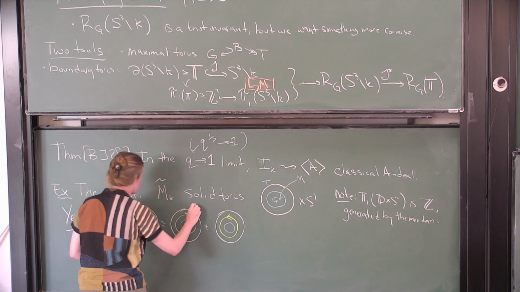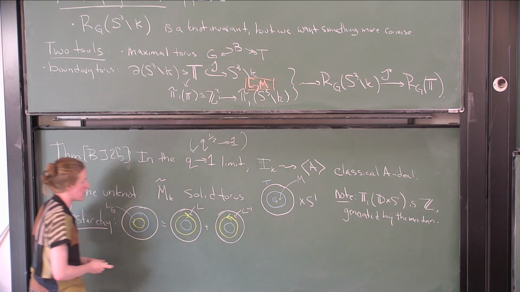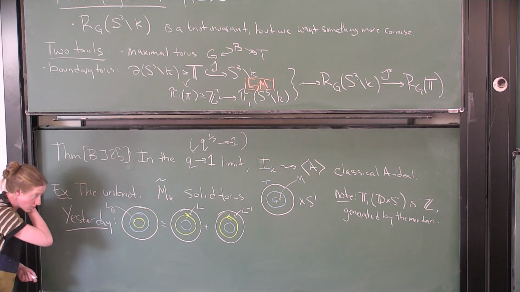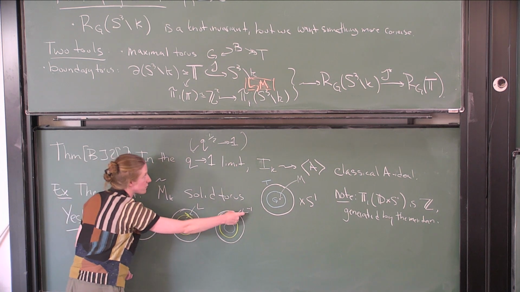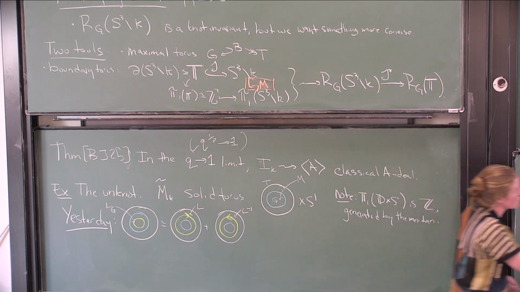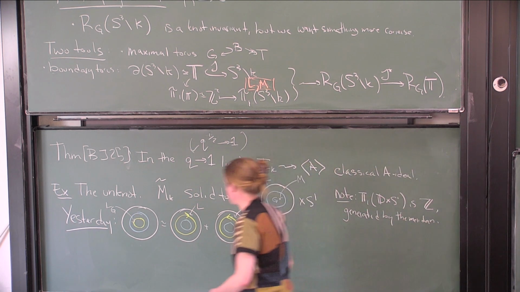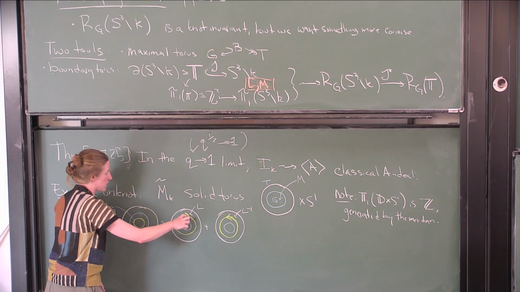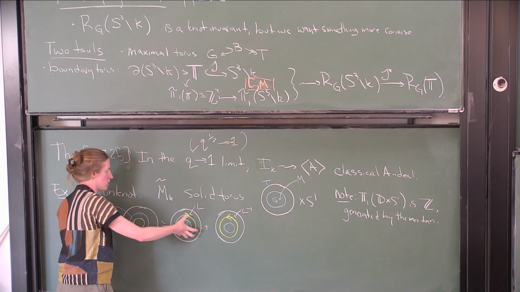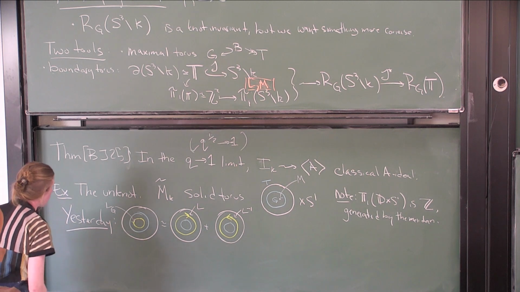Let's call these L, and this one L inverse. I've been really rude about using notation, but here when I say this L and L inverse, this really is this L and L inverse. If I act by this internal Skein algebra on the boundary, it's going to look like putting in more skeins from the outside. So if I act by L or L inverse, I would get this and this, like that. So yesterday we saw that.